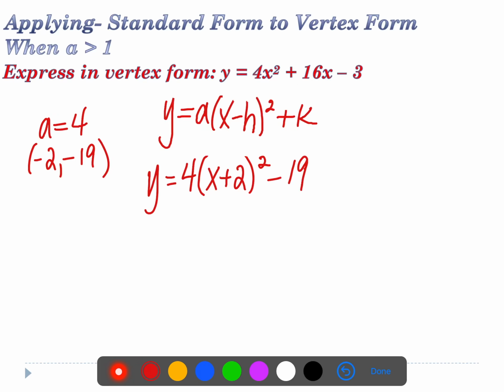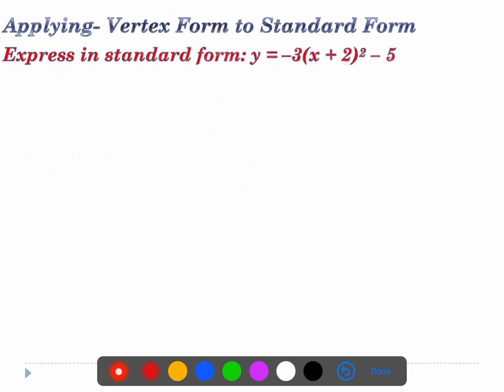All right, so we have one more type of problem we want to look at. We want to go from vertex form into standard form, so we want to turn this into ax squared plus bx plus c. The first thing that we're going to do is FOIL.